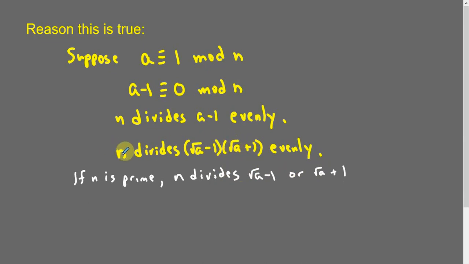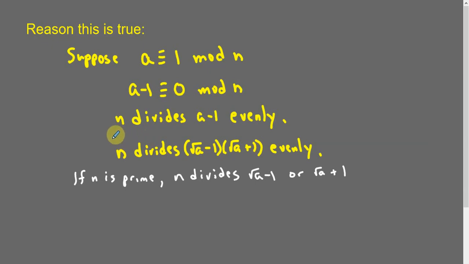See, if n is composite, like say 8, right? We were dealing with 8. Then see, 8 could divide into this whole thing without dividing into one or the other, because maybe this guy is divisible by 4 and this guy is divisible by 2, and so when you multiply them together, it's divisible by 8. But neither of them individually would necessarily be divisible by 8. But that's because 8 is 4 times 2, right?